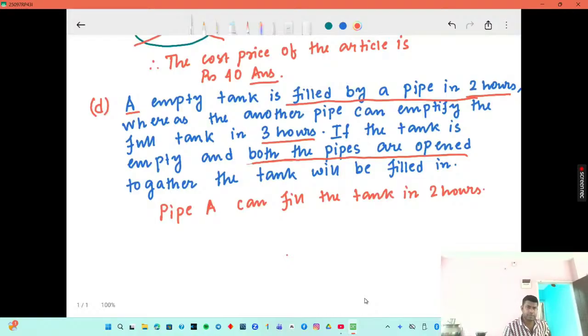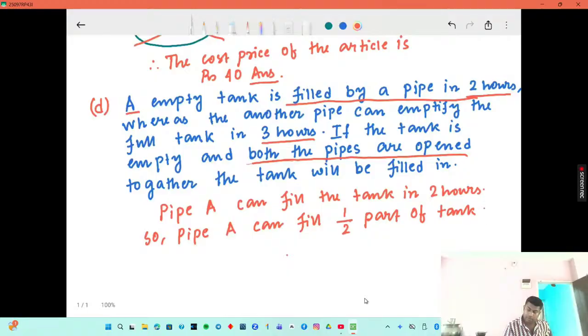Is it clear to you? So pipe A can fill half part of the tank in 1 hour.